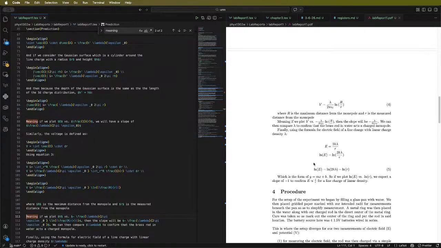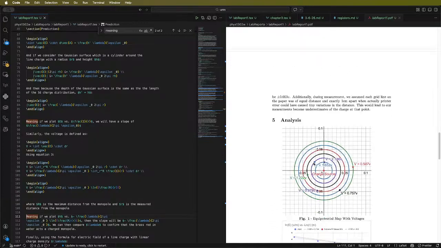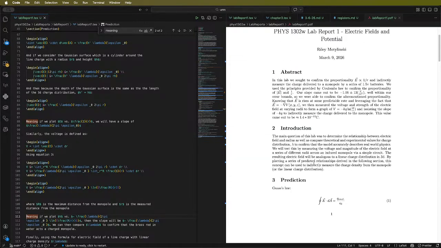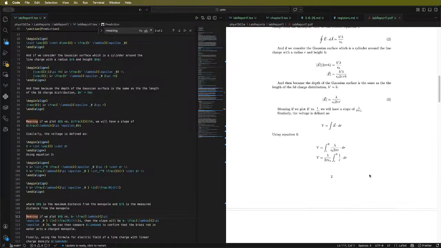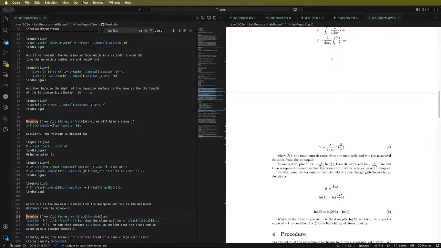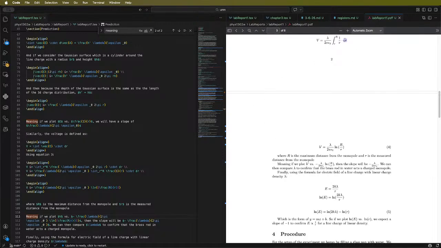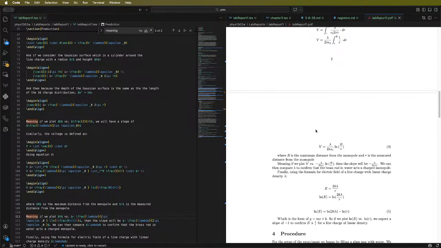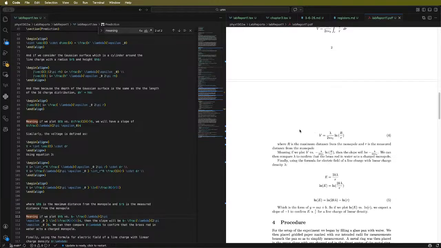I've literally got a page and a half of this prediction thing. I don't know why they have so much predicting of so many different things in this lab. It's kind of annoying. There should be a period after it.